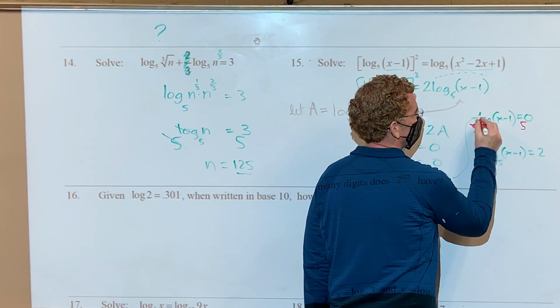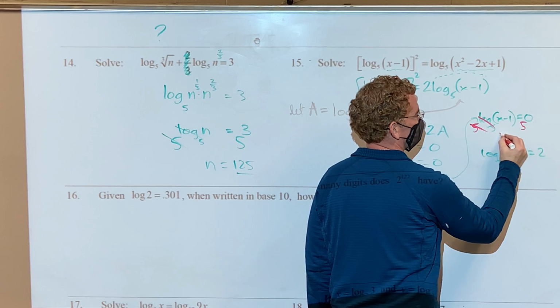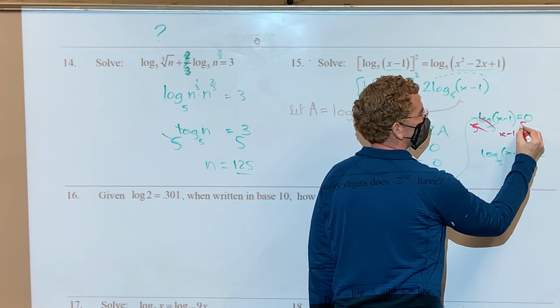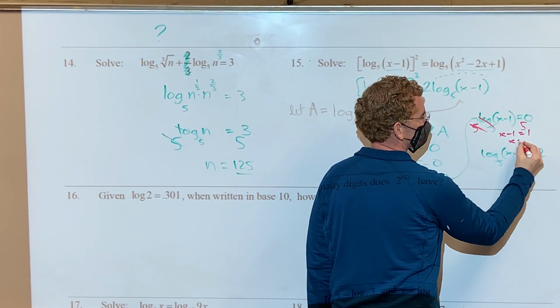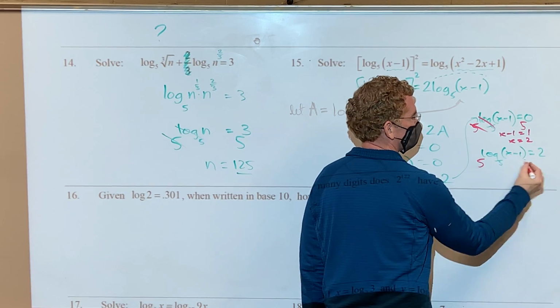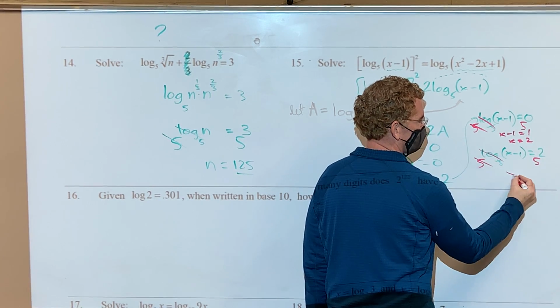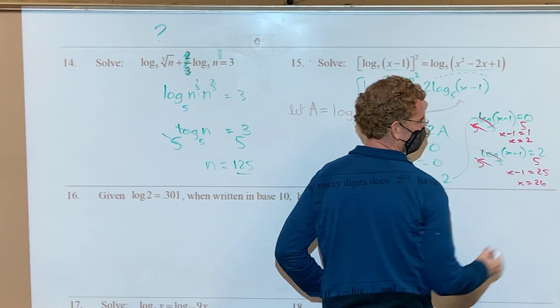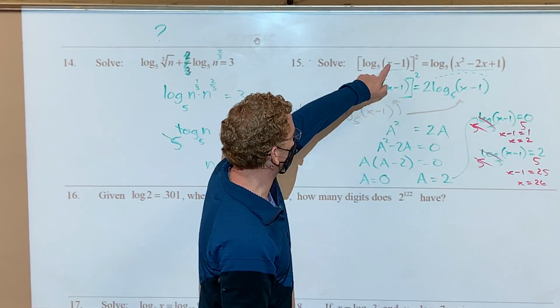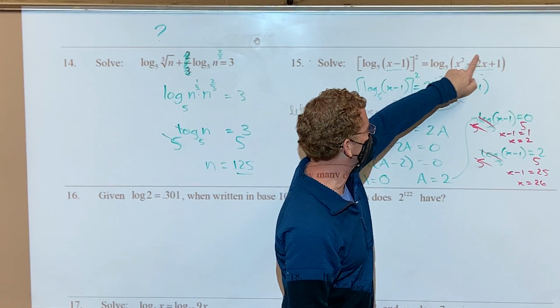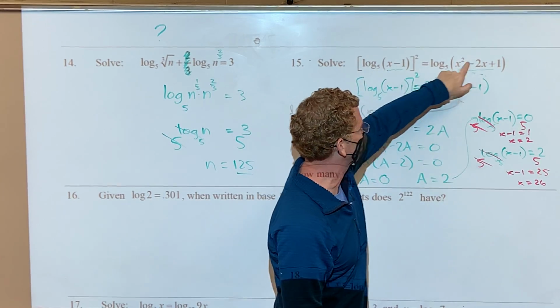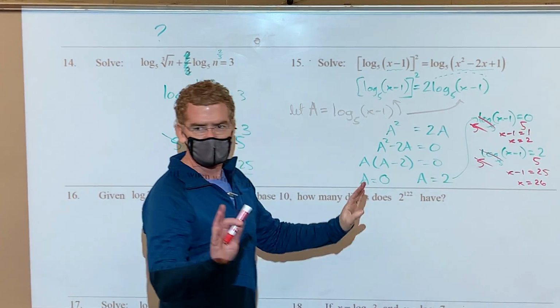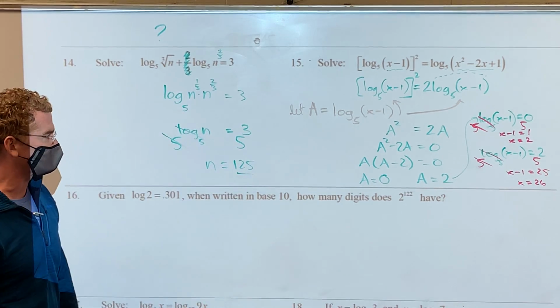Exponentiate gives me x minus 1 equals what? 5 to the 0. So x is 2. And then exponentiate here. And you get x minus 1 equals 25. X equals 26. And then you double check. Does 2 work there? Yep. Does 26 work there? Yep. As long as I end up with positive values, I probably can trust on that.